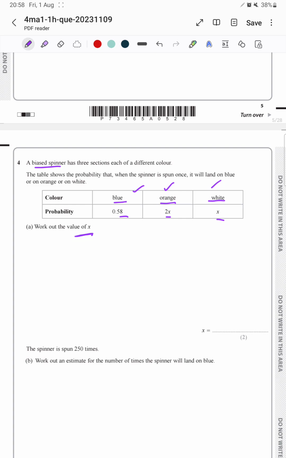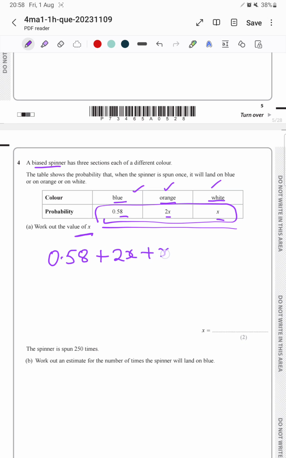We have to find out x. Now we know the probabilities of all 3 outcomes, and we know one property of probability, that all the outcomes' probabilities add up to 1. So we have 0.58 plus 2x plus x, and this is equal to 1.